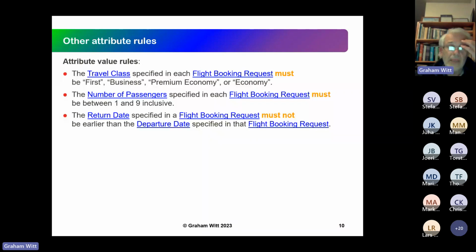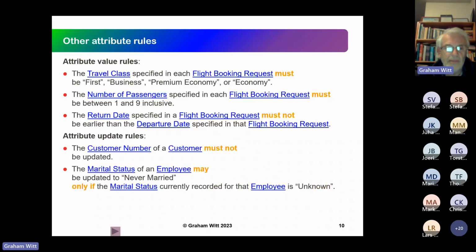And then, of course, we can have a constraint that applies between two values. Return date and departure date obviously have to be in a particular sequence. The departure date must be before or on the same day as the return date. So those are 3 types there of attribute value rules.